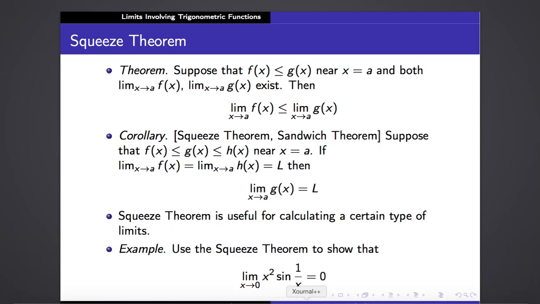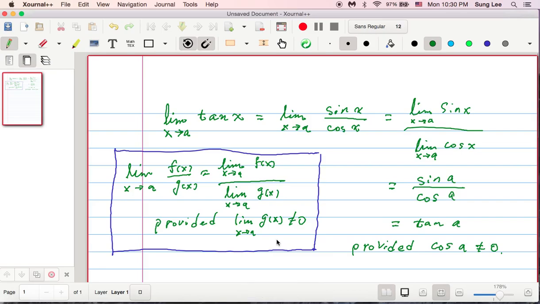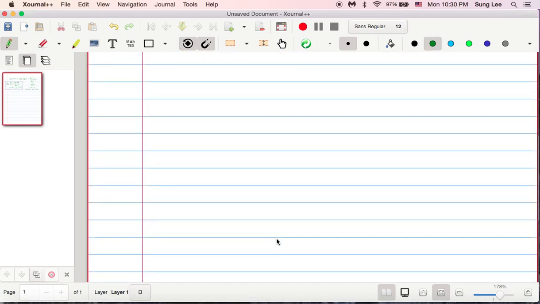I'm moving to my notepad. We want to calculate this limit: as x approaches 0, x squared sine of 1 over x.